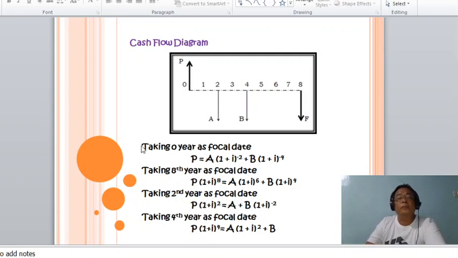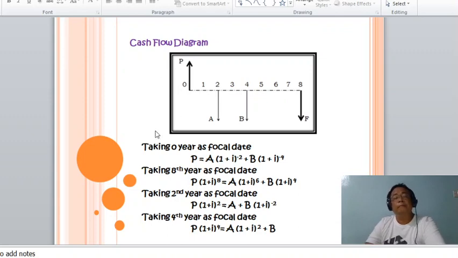That is positive 6. Why positive? Because that is going to the right. Plus B multiplied by the factor (1+i) raised to 4, because from year 4 to year 8 that is 1, 2, 3, 4.